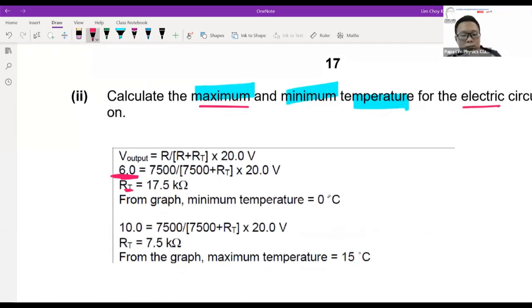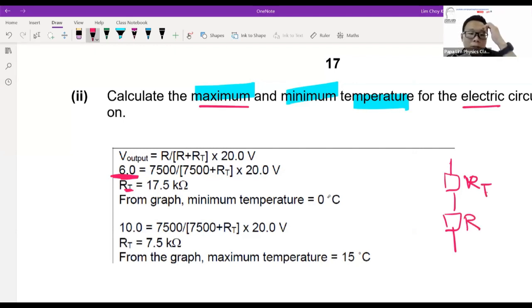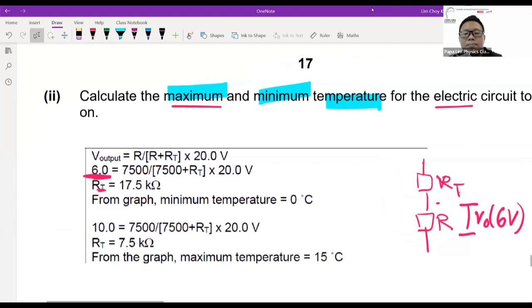If you look at the circuit here, in the question, this is your V, this is your R, and this is RTH. This is my R itself. Based on the question, the output voltage is 6 volts. It means it's controlled by this particular resistor R, which is 7,500 ohms.